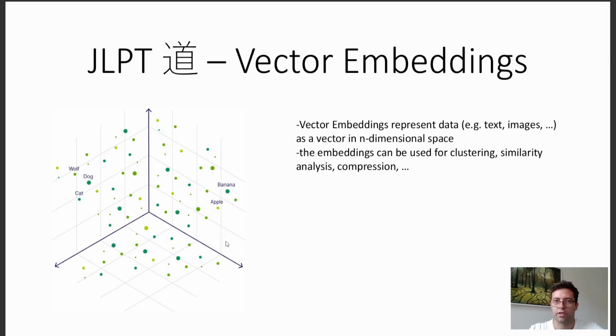In this image it's just a 3-dimensional space, since humans can't visualize more, but commonly in vector embeddings this n-dimensional space can be much larger, let's say more than 1,000 dimensions. But let's look at this example, and we see that those texts, so banana, apple, wolf, dog and cat, are all mapped to a vector, here visualized as a point.